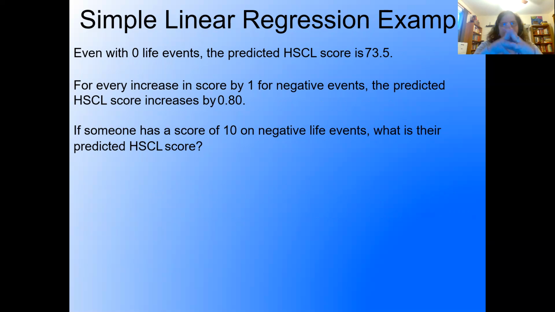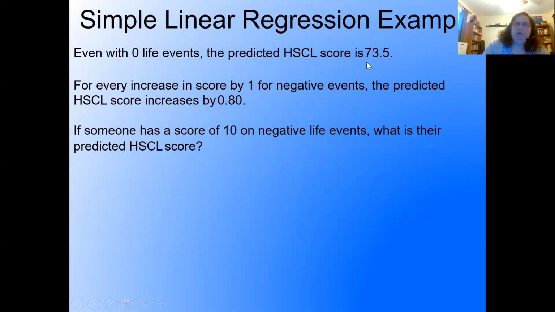Okay, so now we get to use the equation for the line to figure out someone's predicted Y based on 10 negative life events.